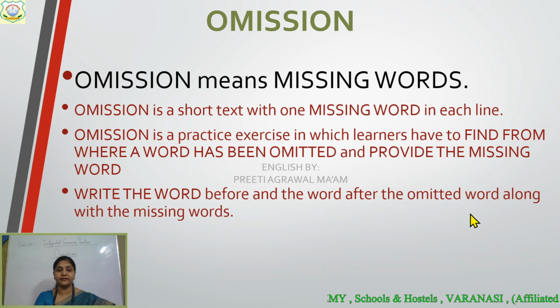Suppose a sentence is there: she is a beautiful girl. I am writing it this way: she is beautiful girl. I have not written a here. The sentence should be, she is a beautiful girl. So what have I missed here?